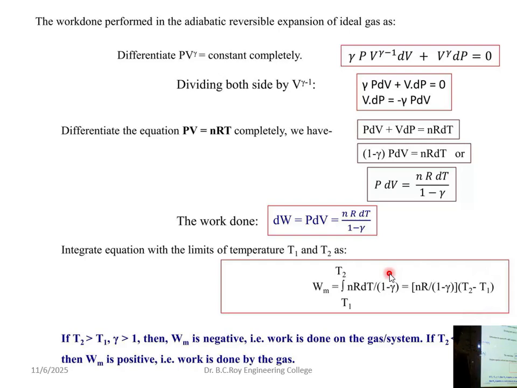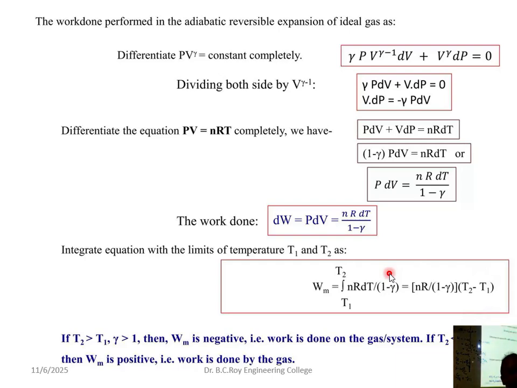So here also I will take nR because there I have taken nR, otherwise you cannot match. Now Cv by nR is one by gamma minus 1. This is the work done. For the adiabatic process, this is the work done.